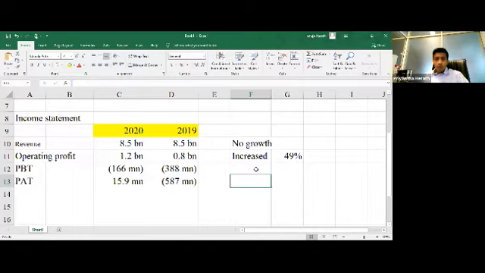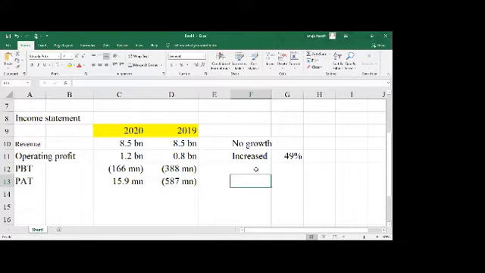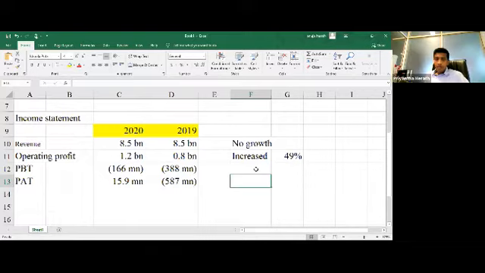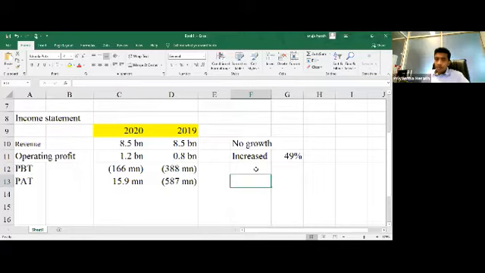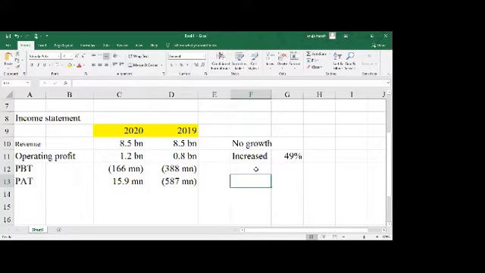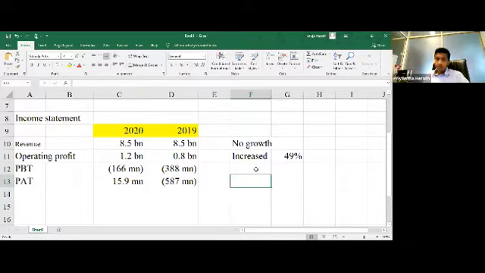Before going through detailed financial statements, can you understand the business environment in 2019 and 2020? Their financial year ended 31st March.